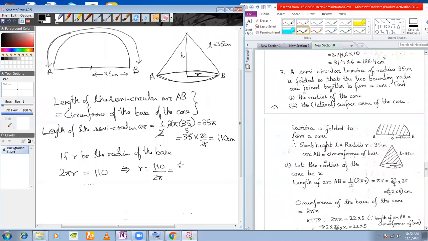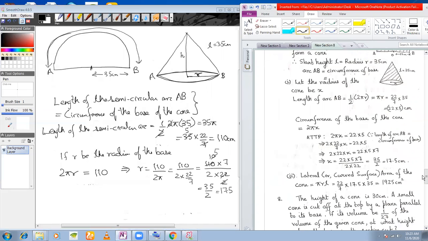Now put the value of pi. Now you can cancel. You get 35 by 2, so this comes to 17.5. This is the radius of the base of the cone.